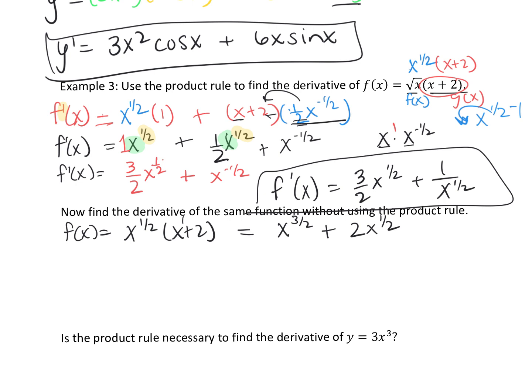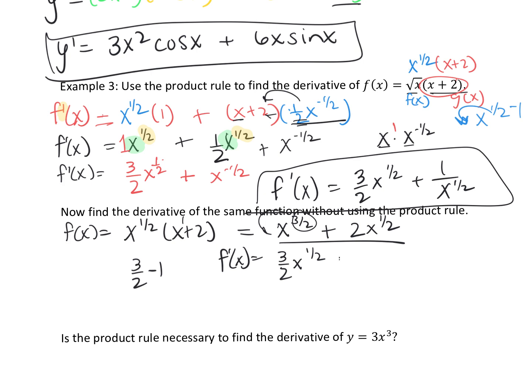Now when you take the derivative of that function, I take 3/2 right here, bring it in the front, so 3/2 x, and then 3/2 minus 1 is just 1/2.